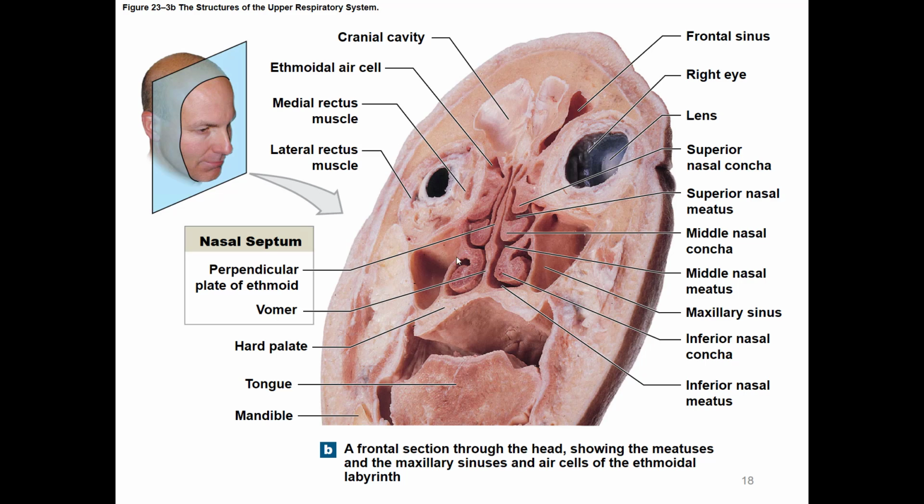So this area represents the nasal opening. And what you should notice is right here in the middle, this is the nasal septum. The nasal septum is made up of two bones, and these would have been bones you learned in Anatomy 1. We have the perpendicular plate of the ethmoid, and then down here we have the vomer. So the union of these two creates the nasal septum.